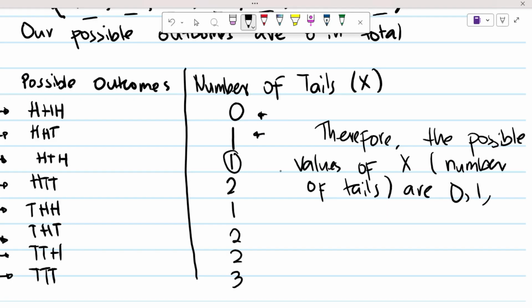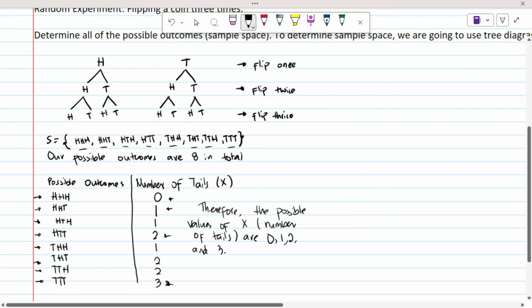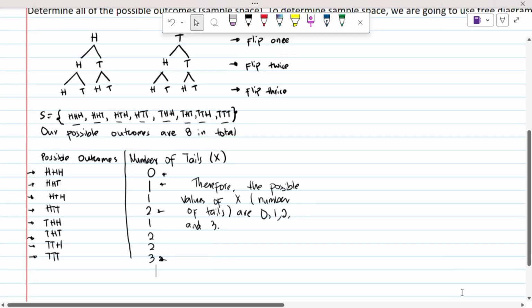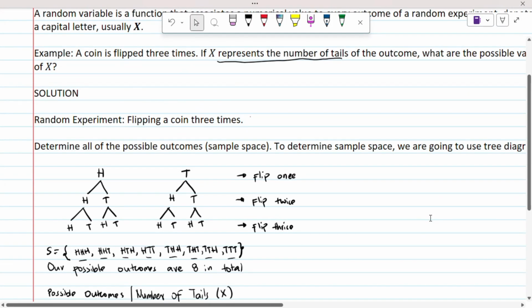We don't have to write another one because we have 1 here, and then 2, which is this one, and then 3, period. That is the last possible value. So, we have reached a conclusion that the possible values of X, or the number of tails, are 0, 1, 2, and 3 if we flip a coin 3 times and X represents the number of tails.